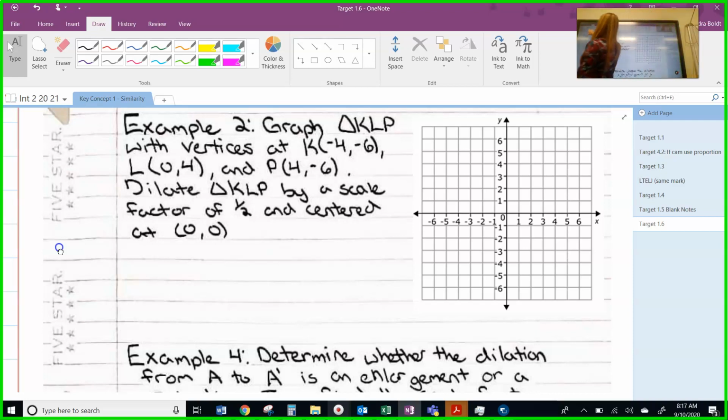So, we're going to first start by graphing our points. So we have K is at (-4, -6). I'm going to label that as K. L is at (0, 4). And P is at (4, -6).